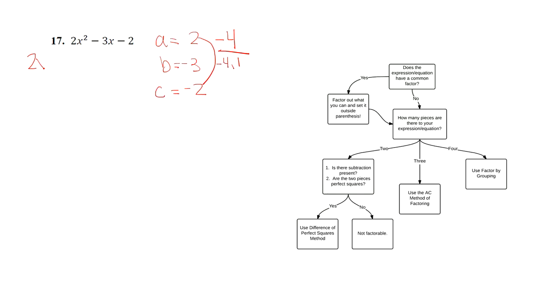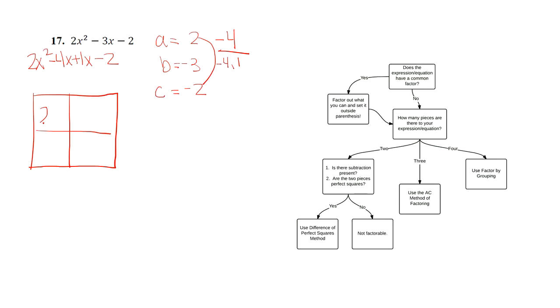So I will get 2x squared minus 4x plus 1x minus 2. That's me expanding that middle term, right? Because this is just -3x. I just expanded it. Let's go ahead and box it now because I got 4 terms. There we go.